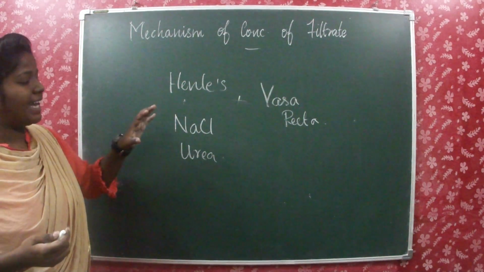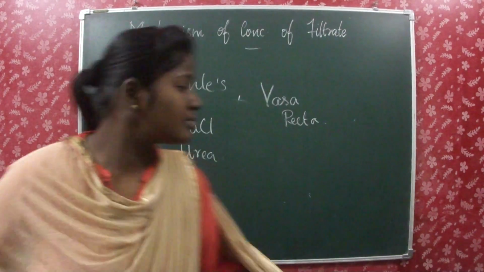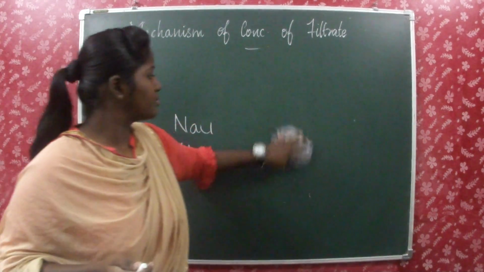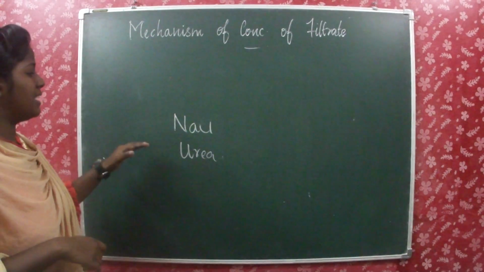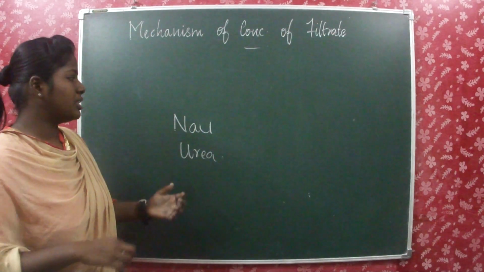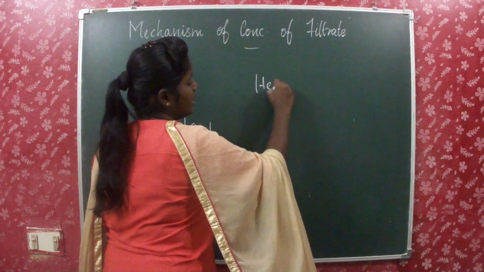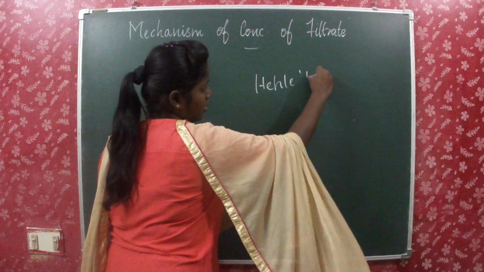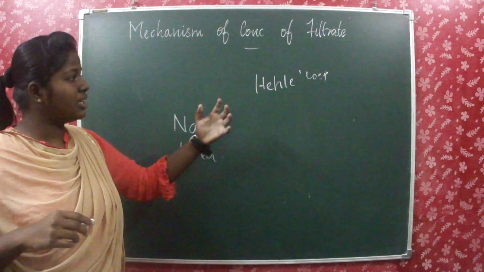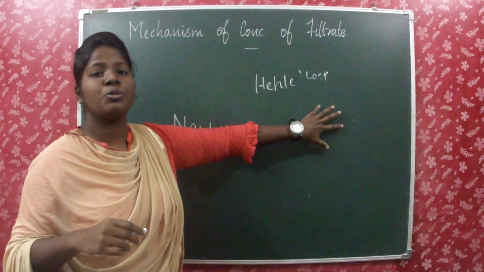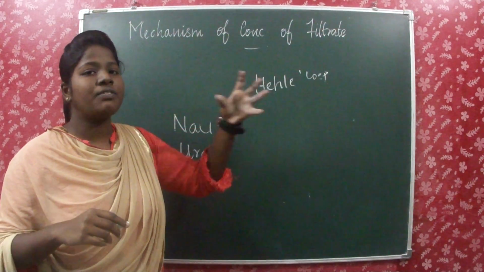If we take NaCl, first it forms the Henle's loop. The NaCl is transported by the ascending limb of Henle's loop.